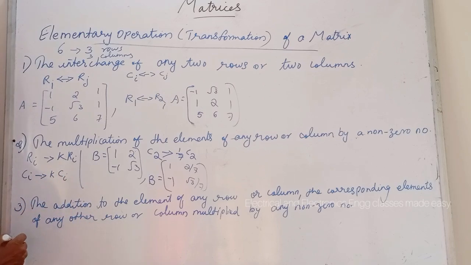So it can be denoted as let Ri implies Ri plus k into Rj.